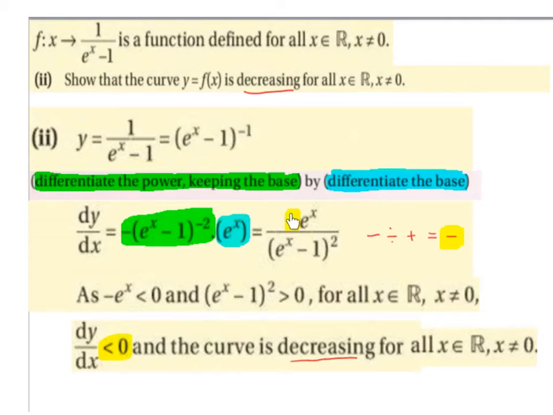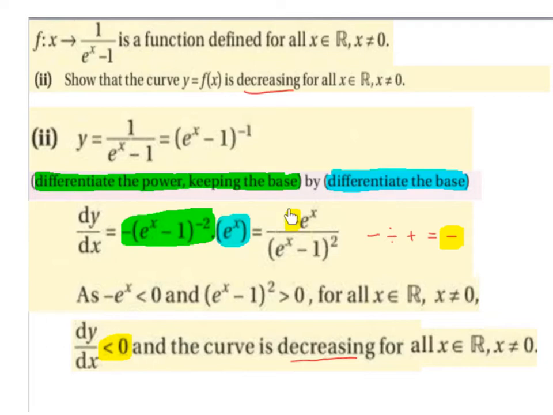So we end up with minus e to the power of x over e to the power of x minus 1 squared. And as minus e to the power of x is less than 0, and e to the power of x minus 1 squared is greater than 0, for all x values elements of the real number set, when x is not equal to 0, dy dx is less than 0, and the curve is decreasing for all x values elements of the real number set where x is not equal to 0.